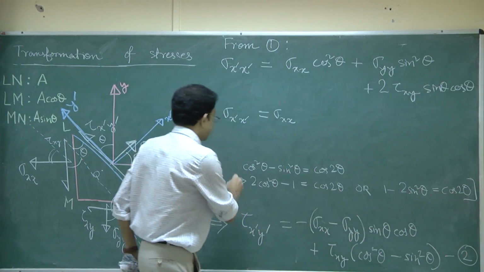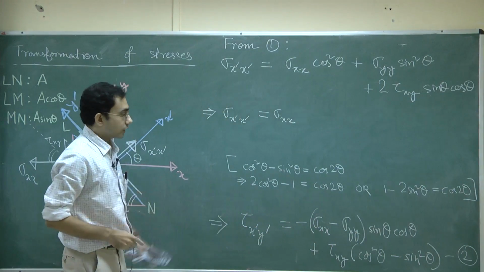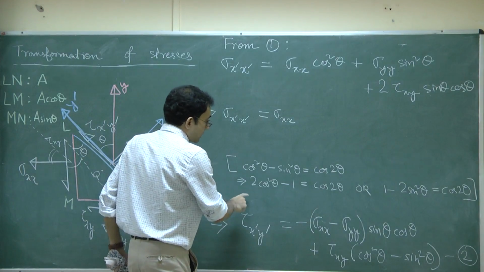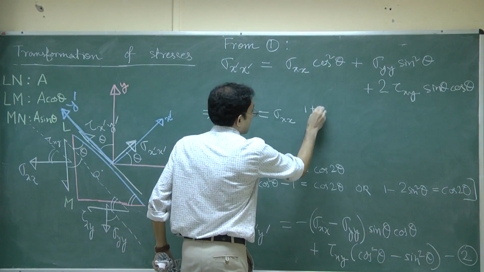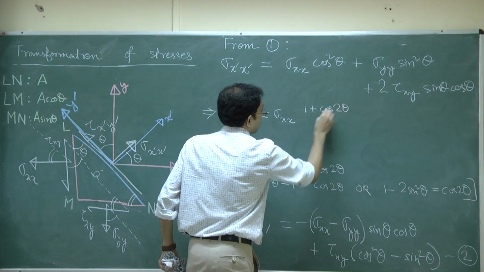So, you may consider this as a little bit of rough work. So when I use this first of these relationships, the cos square theta becomes 1 plus cos 2 theta divided by 2.